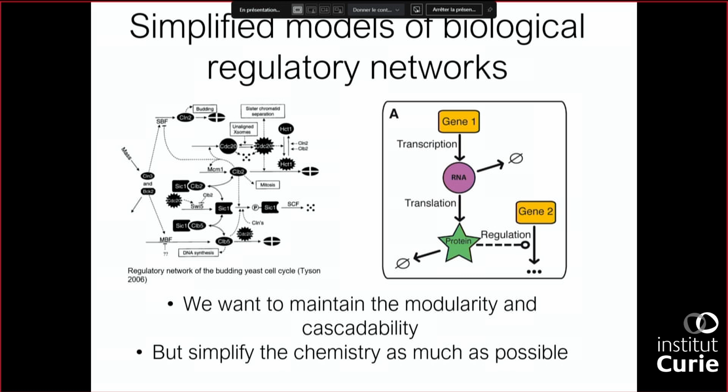In particular, we want to keep the modularity that I've just explained, so that we have a simple building block that we can connect to others again and again to create whatever networks we want. But of course, we want to simplify the chemistry as much as possible, because the chemistry of protein expression from a gene is extremely complex, and you would like to have a simpler system to do that.